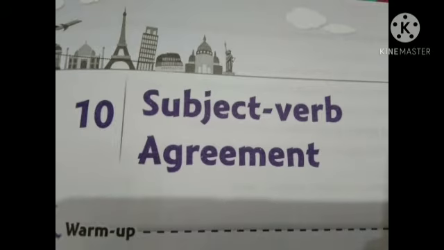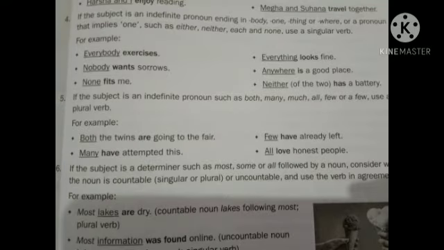If the subject is an indefinite pronoun ending in body, one, thing, or where, or a pronoun that implies one, such as either, neither, each, and none, use a singular verb.